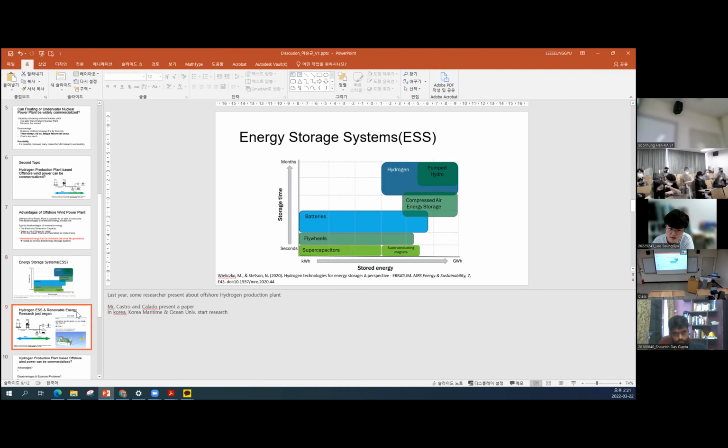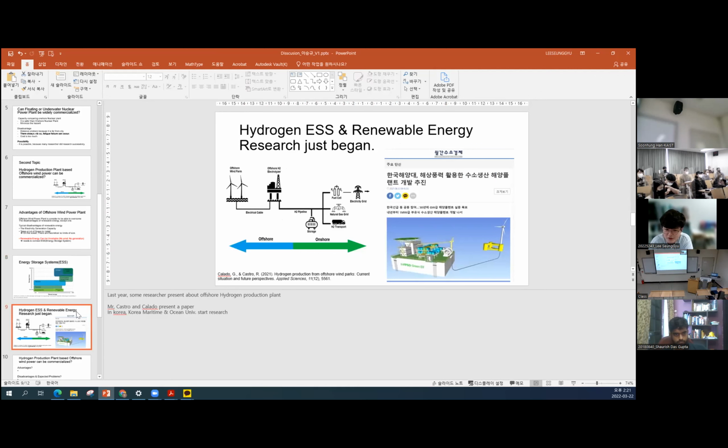Some researchers have presented about offshore hydrogen production plants. At the left, Calcado and Castro presented this paper last year. And in Korea, Korea Maritime and Ocean University started research about a hydrogen production, ESS and renewable energy connected system.